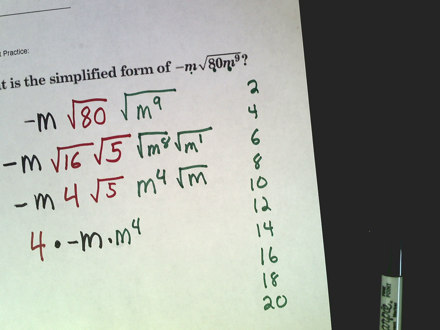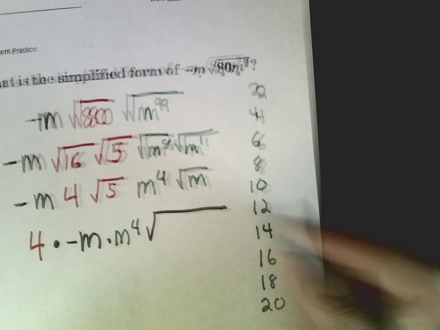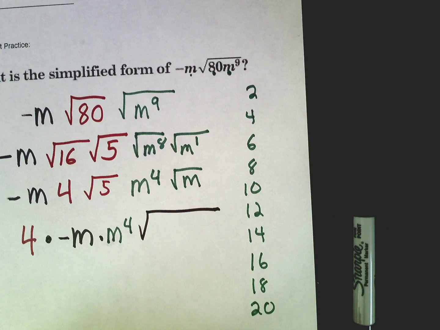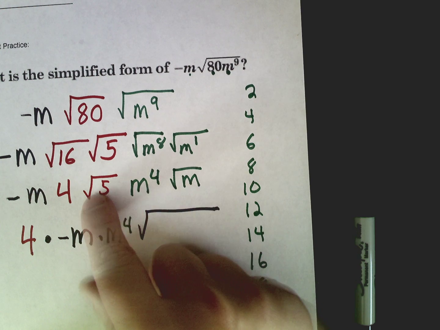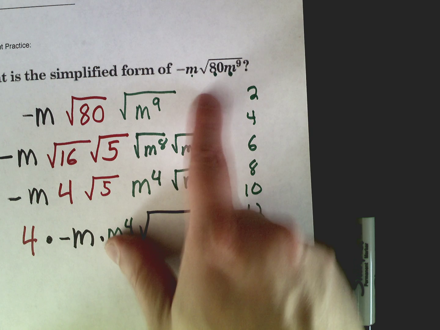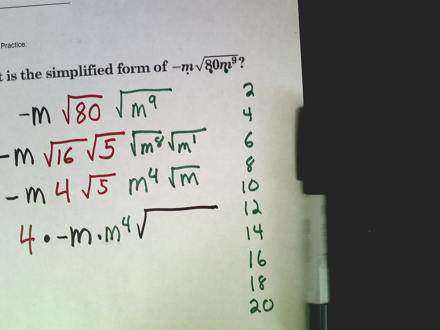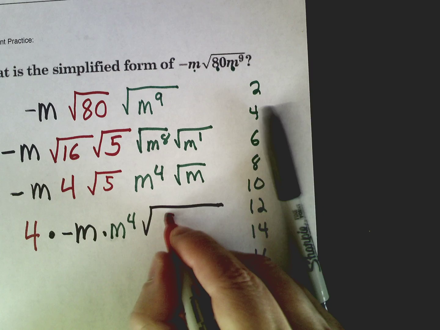Now, what I'm going to do is I'm going to make the square root black, but I'm going to put in the numbers that are inside the square roots here, which we're just left with 5 and m. So we had this big mess, 80m9, and really all that's left is 5 times m.